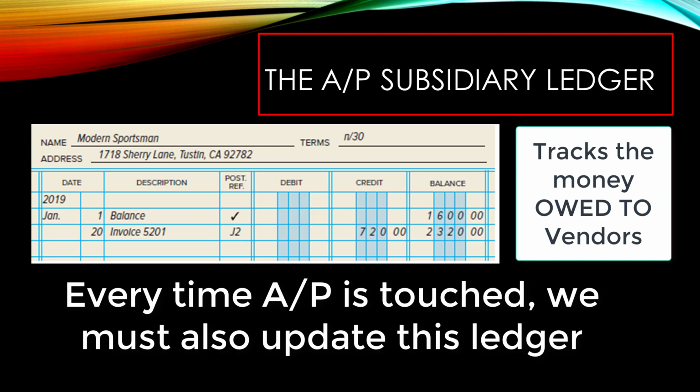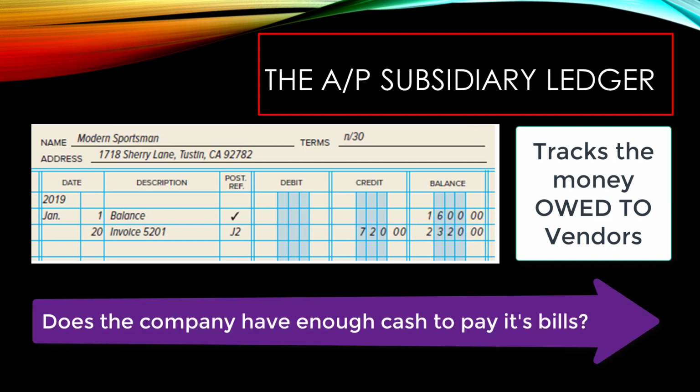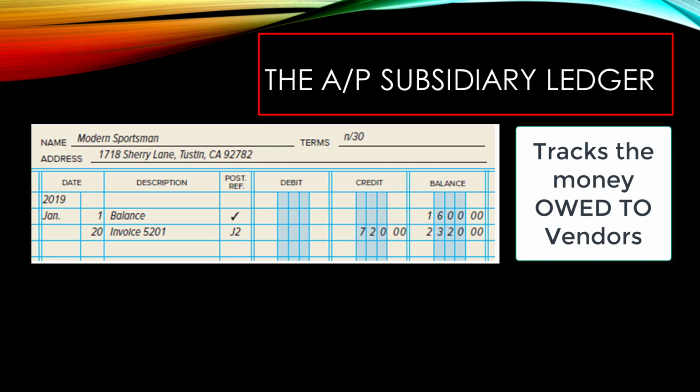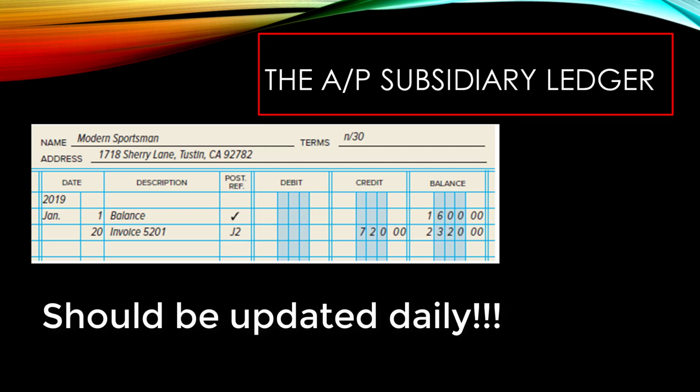The purpose of the document is to track amounts owed, to whom they are owed, when they are due, along with discount terms. This will ensure that the company has enough cash to pay for its obligations in a timely manner. To keep the accounting records up to date, invoices are posted to the accounts payable subsidiary ledger every day.